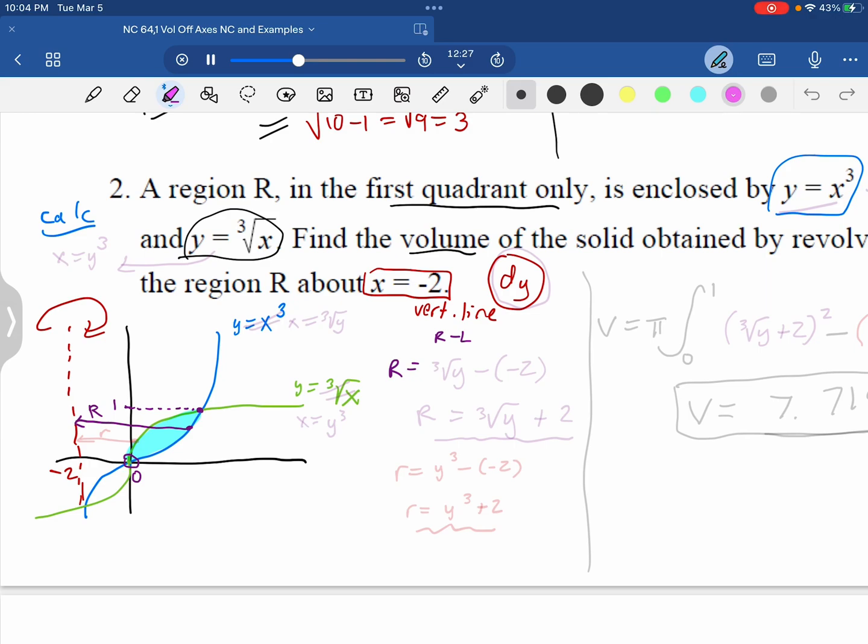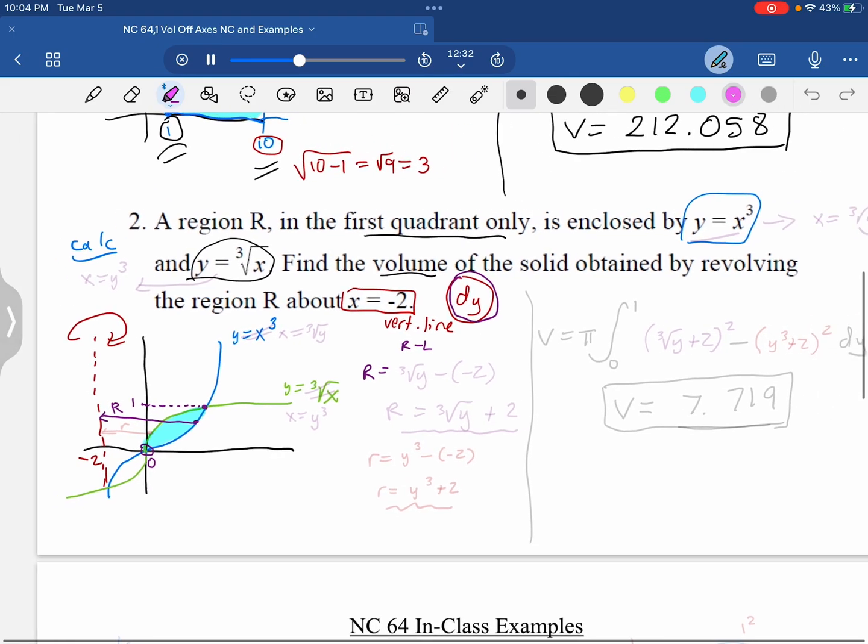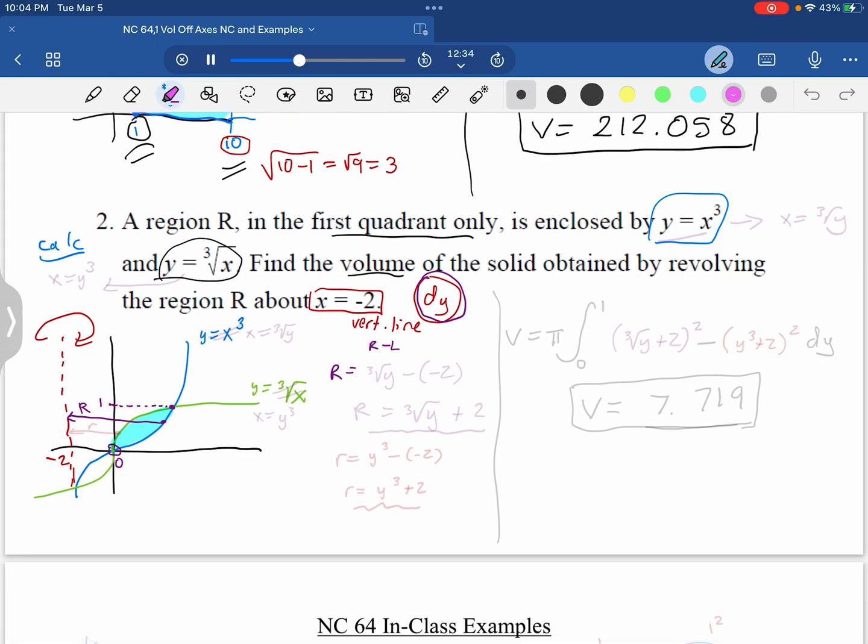Now, one other thing we want to be careful of, remember we said a minute ago this is dy. So right now, I need those equations to be rewritten in x equals y format. Let's do that real quick. This first one, y equals x cubed, if we rearrange it, would become x equals the cube root of y.